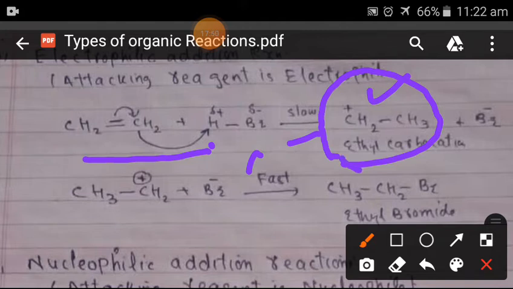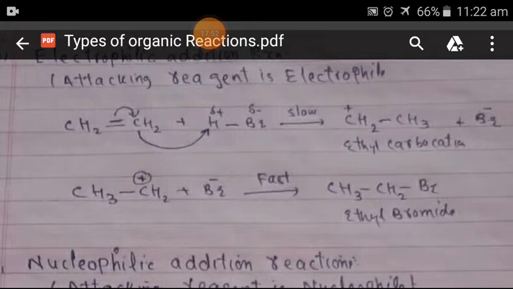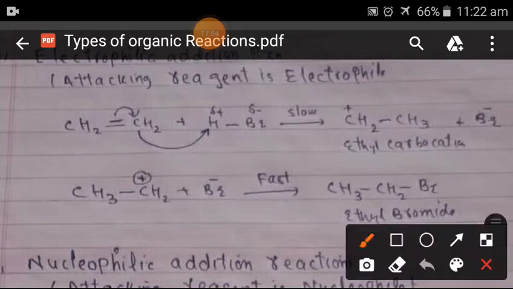As a result, for this carbocation, you have seen that its stability depends upon the groups attached adjacent to this carbon. We have already discussed in the inductive effect that a tertiary carbocation is more stable than secondary, which is more stable than primary.